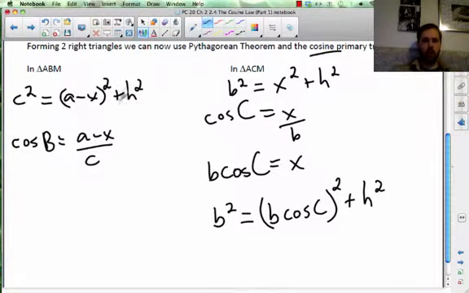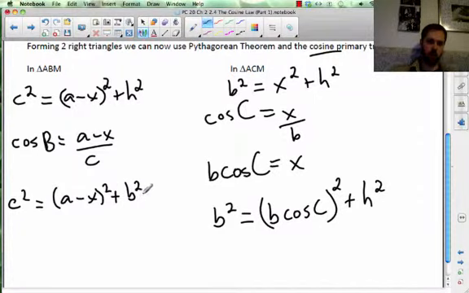Now, h squared we can rewrite in terms of these known entities over here. So h squared is b squared minus x squared. So then we can write c squared equals a minus x all squared plus b squared minus x squared.